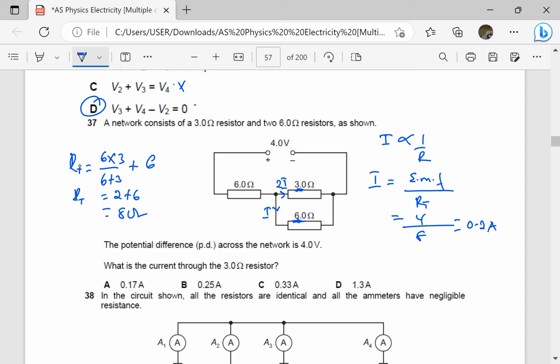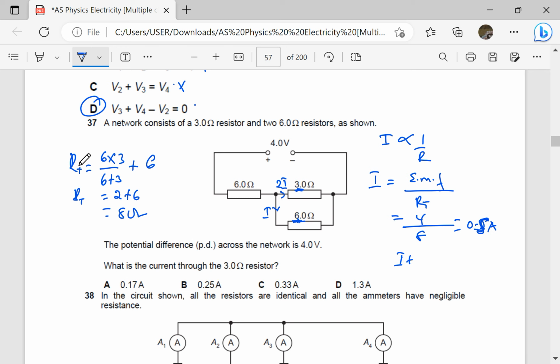No, it is not 0.2. It is 0.5. Half is 0.5. Okay, so the total current is 0.5. So remember, if the current through the 6 is I, the other one is twice I. Let me say I1.